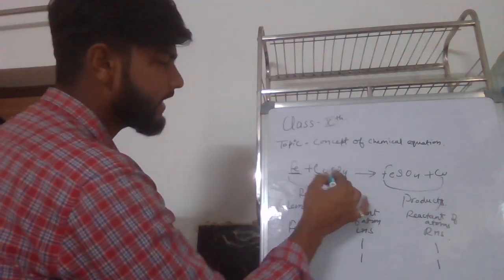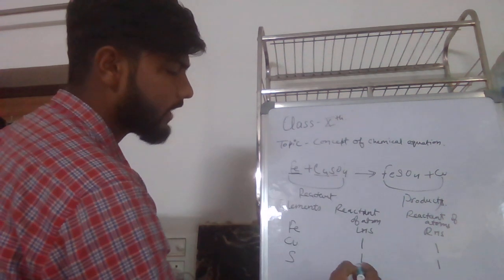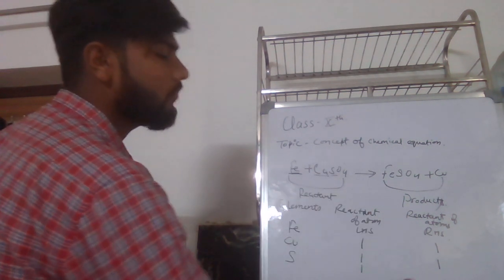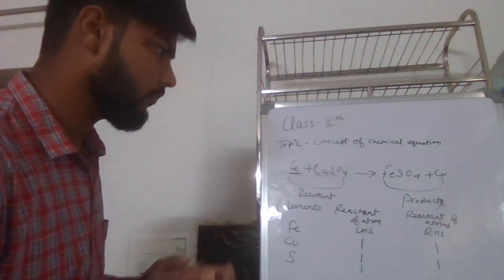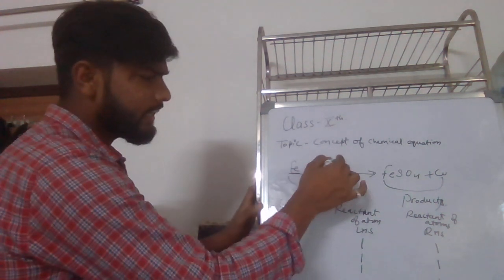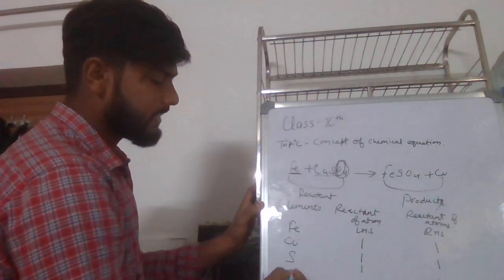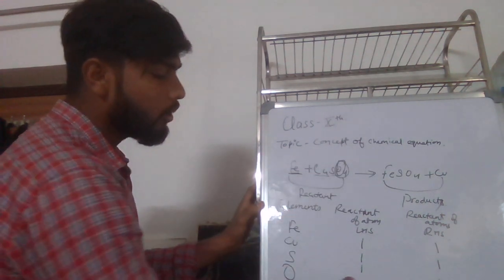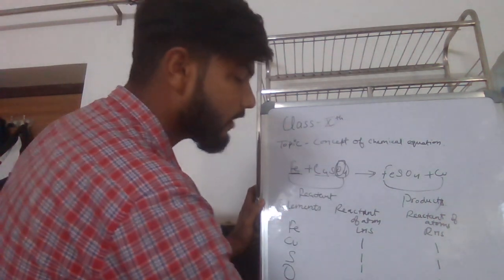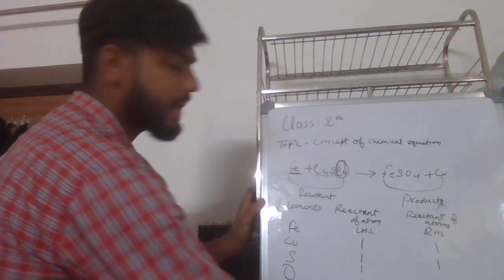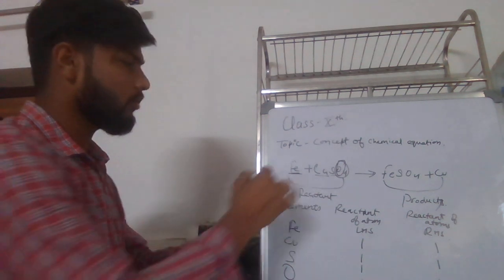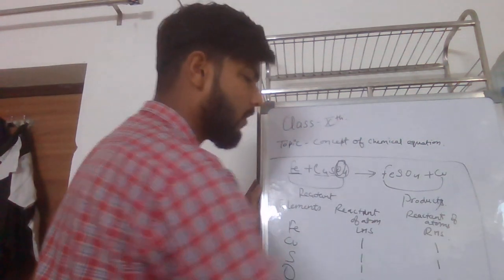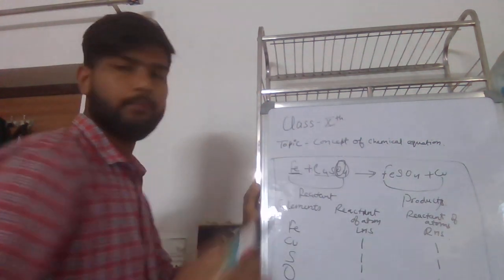After that we will take S, sulfur. There is only 1 on the left hand side, and on the right hand side also only 1. In O4 the element O has 4 and 4 atoms on both sides. So this is the balanced chemical equation. This is the concept of balanced chemical equation.